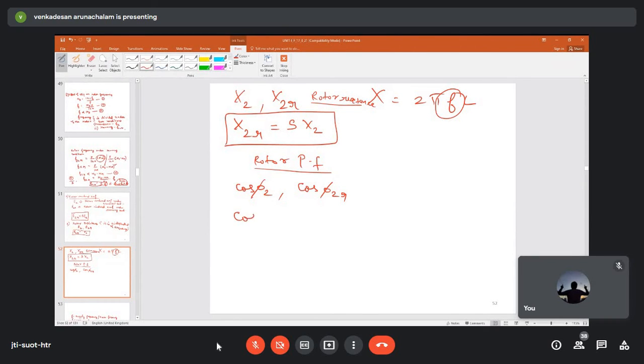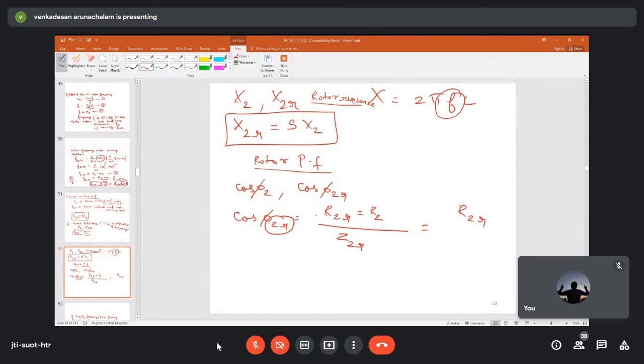So the rotor power factor under running condition: this is resistance under running condition, that is directly equal to R2, because resistance has got no change during the standstill and running condition, divided by your Z2R.